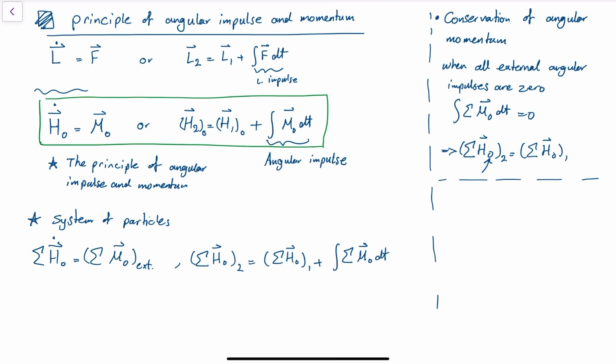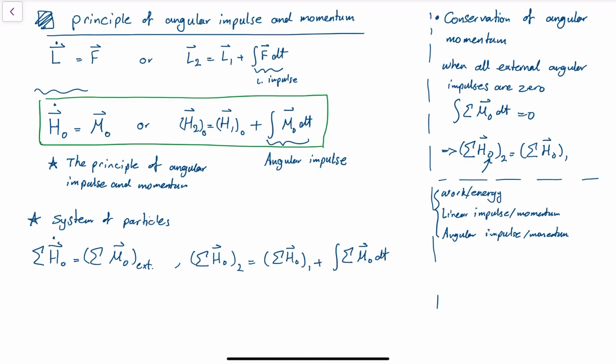We have the work and energy principle, linear impulse and momentum, and angular impulse and momentum. And none of these three necessitates another one. They are completely independent of each other.